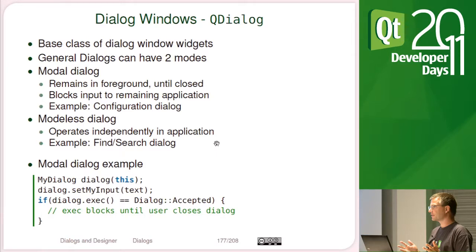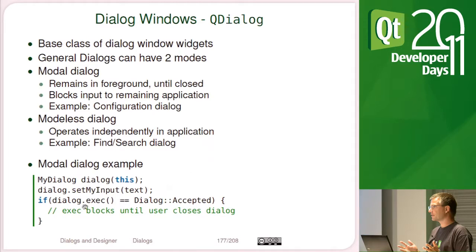Or you can have a modeless dialog where the user can interact with the dialog and your application at the same time. So a modeless dialog does not block your application. And QDialog is able to handle both modal and modeless dialogs.